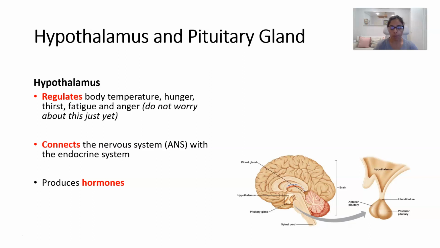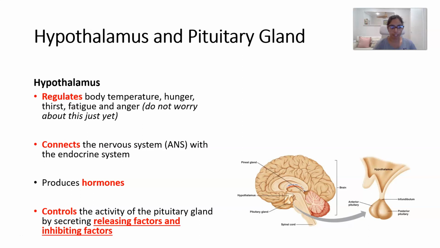The hypothalamus itself produces hormones, and this is something that you need to make note of, and we'll discuss exactly what hormones it makes later on. And it also makes releasing factors and inhibiting factors, which will control the concentration and amount of hormone that is released from other organs. So it plays a very vital role within the body.